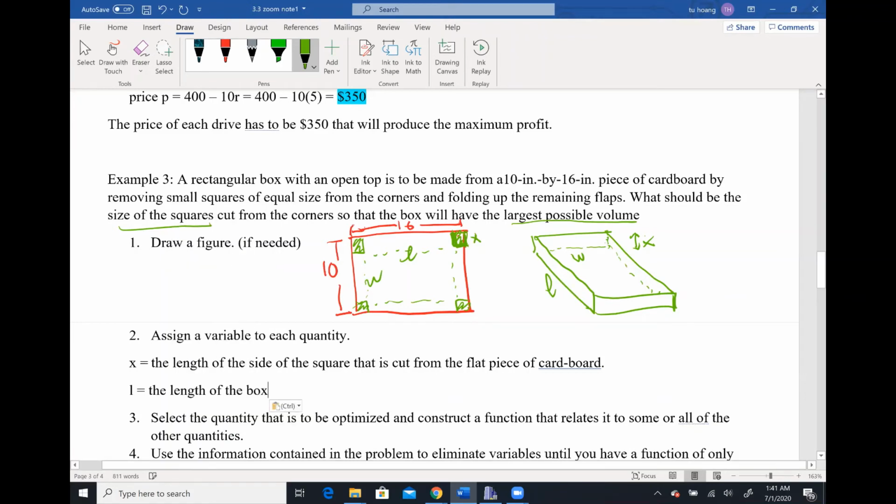L is the length of the box, and you can find it by taking 16 minus 4x.